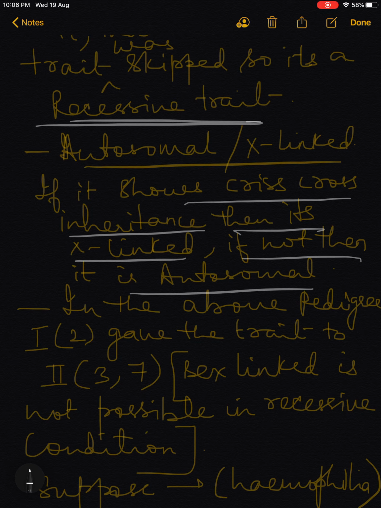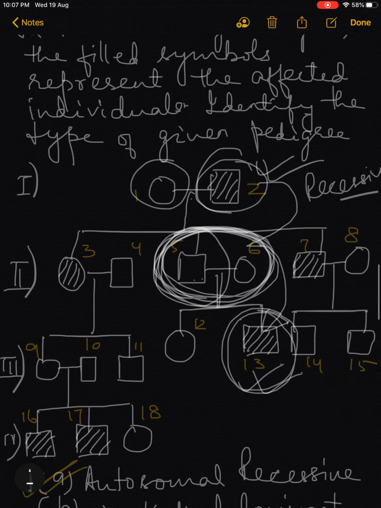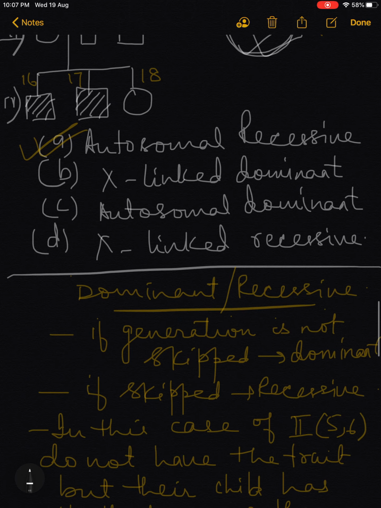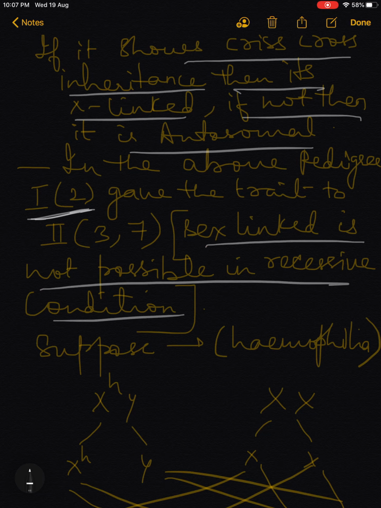So in the above case, in the first generation, this parent gave the trait to both female and male. Remember, children, sex-linked will never show like this in the recessive condition.